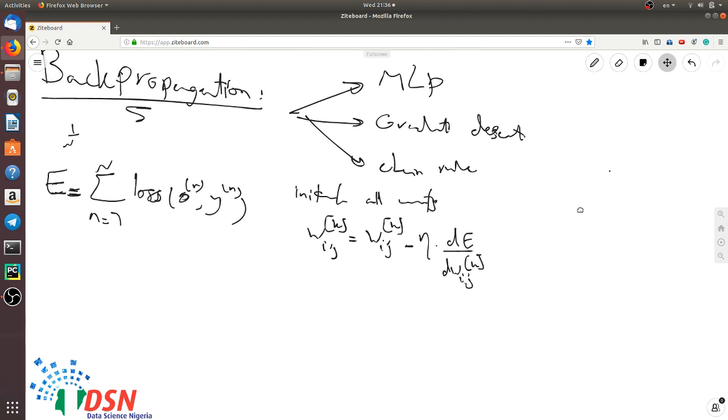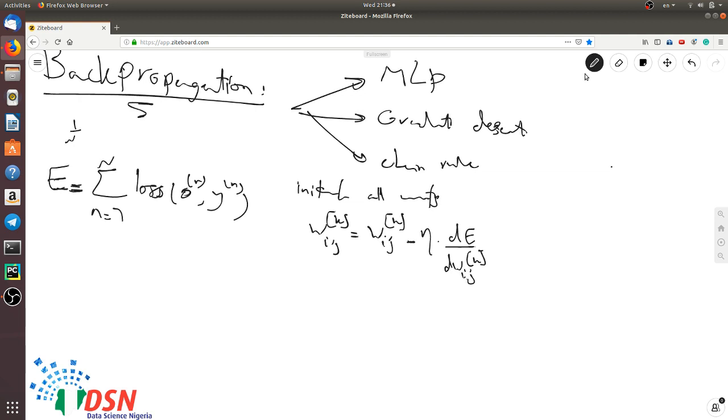Okay, so this is the gradient descent algorithm, but the point is that in MLPs, or multilayer perceptrons, we don't know how to calculate this term. So we want to find a way to calculate these terms. This is actually what backpropagation does.